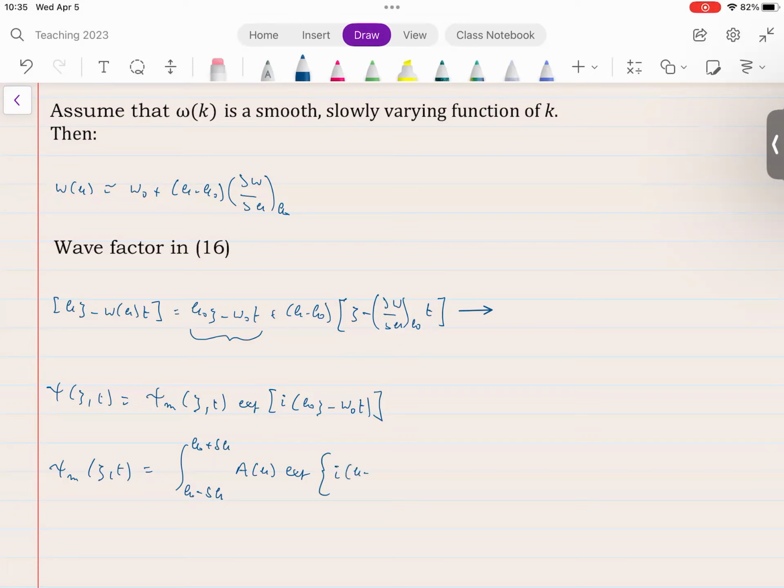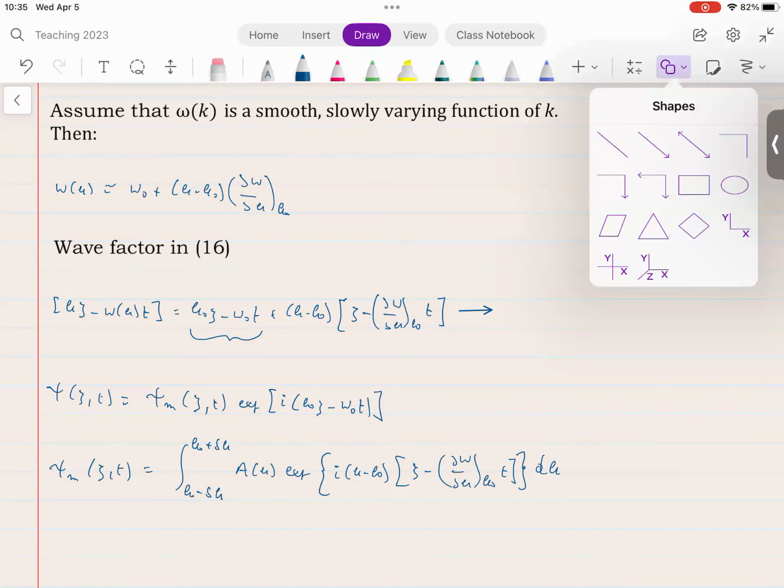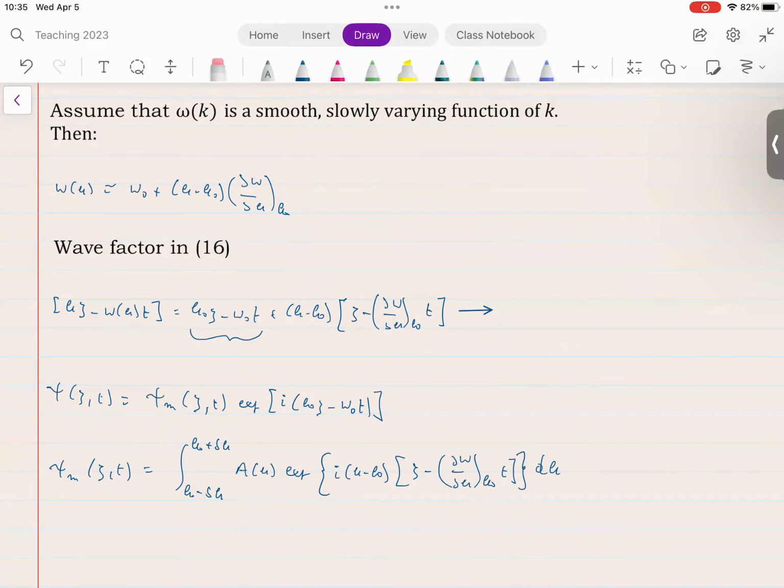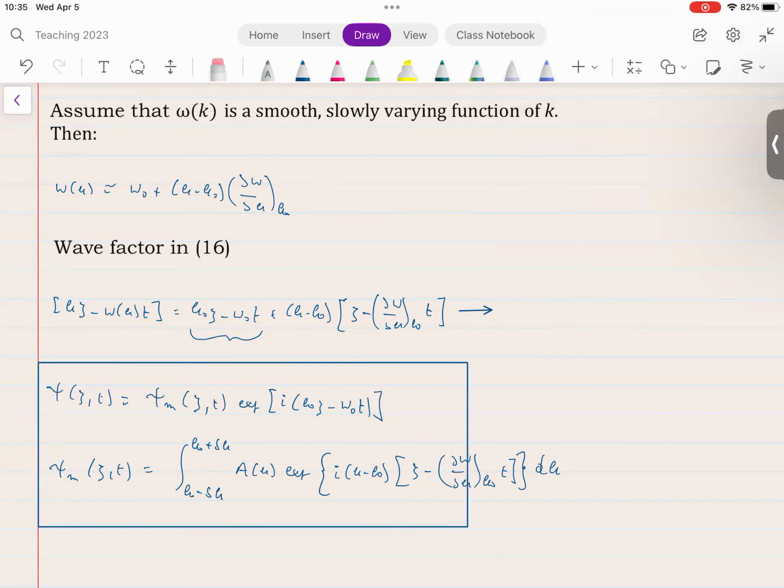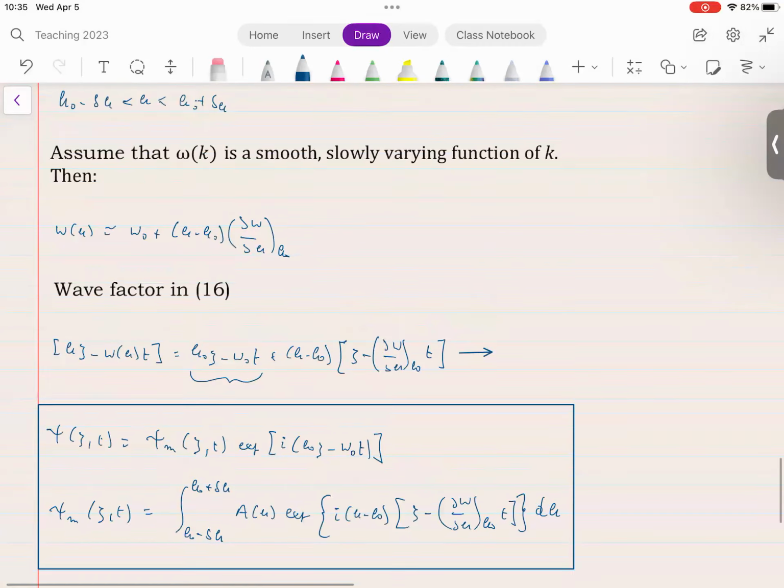Okay, i times k minus k naught times zeta minus d omega dk calculated at k naught times t, all integrated in dk. Okay, so what we have is a wave packet psi. Let me separate these two, I wrote them too close to each other. And let me give the equations numbers.